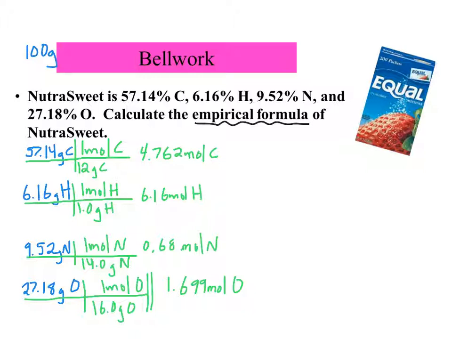Okay, percent to mass, mass to moles, divide by smallest, and round till whole. So I'm going to divide by the smallest, and in this case, the smallest is 0.68. So I'm going to divide everything by 0.68. For carbon, I get a value of 7.00.